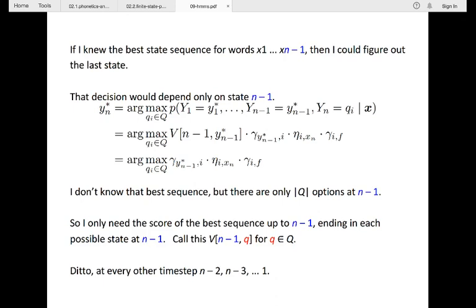And so if I can get everything up to n minus 1, then I can get n. Well, that means that if I can get everything up to n minus 2, I can get n minus 1, and then I can get n. And following that recursive logic, you can solve the whole decoding problem. You see how this works?